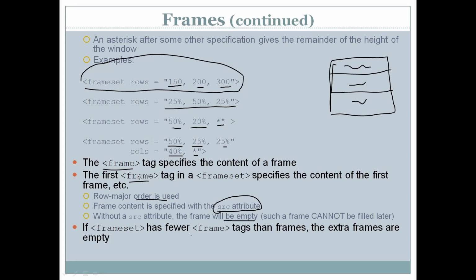If the frameset has fewer frames, if you create a frameset of 3 rows, consider in the first example also we have created 3 rows, but if you only specify 2 frames, one frame is kept empty, because 2 frames means 2 documents we are adding, but we have 3 different sections. So the last section will remain empty.